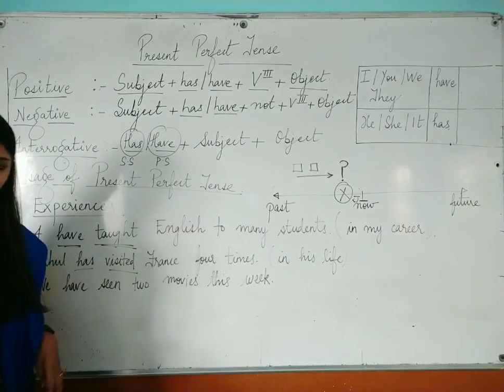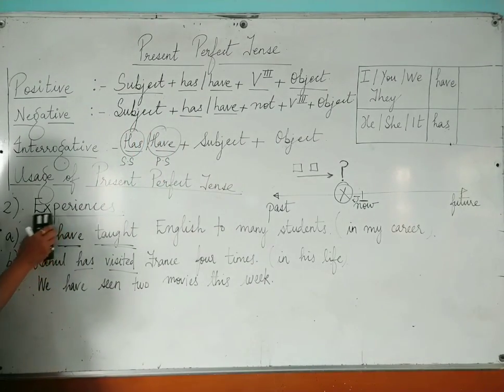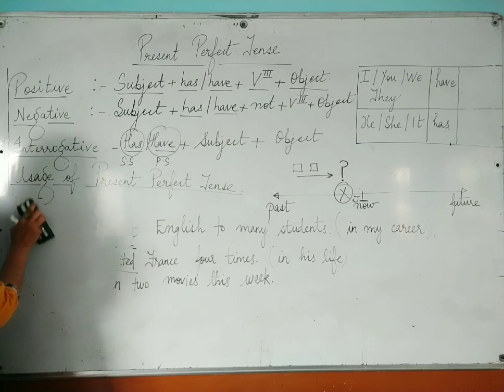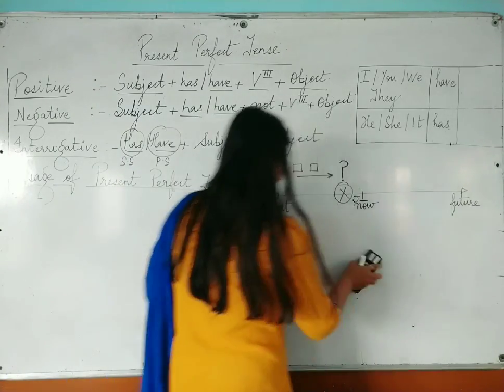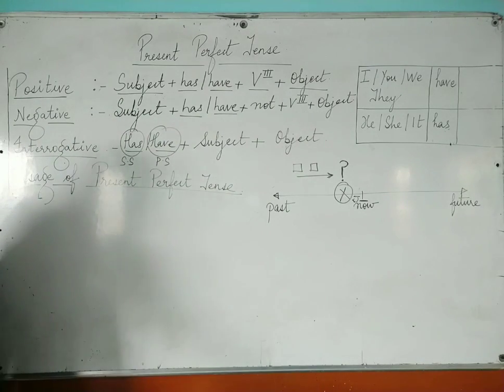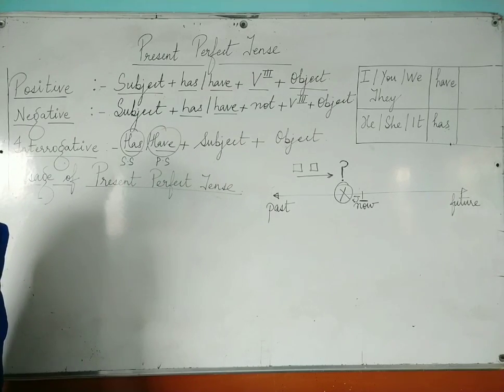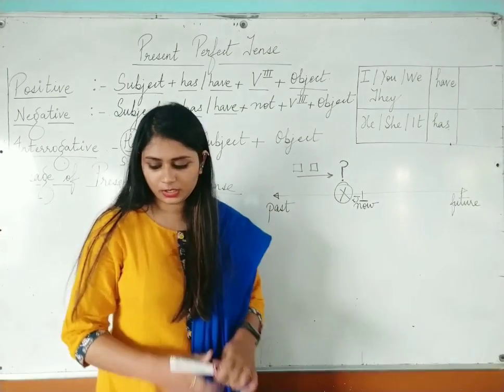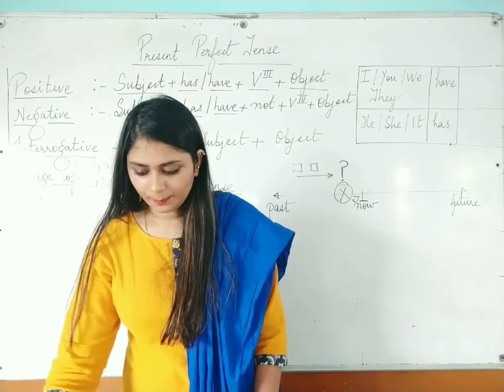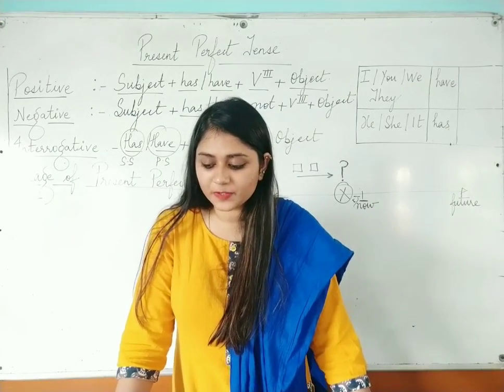So now let's see the third usage of your present perfect tense. Okay, the third usage of your present perfect tense is that whenever you are talking about any recent actions, or you can say about any past actions that are not over at the time of speaking, right?